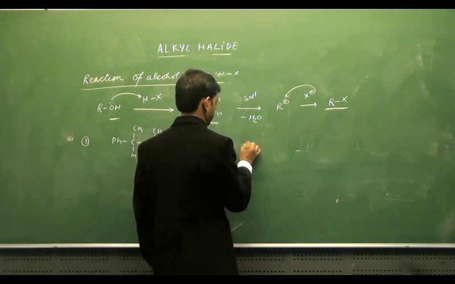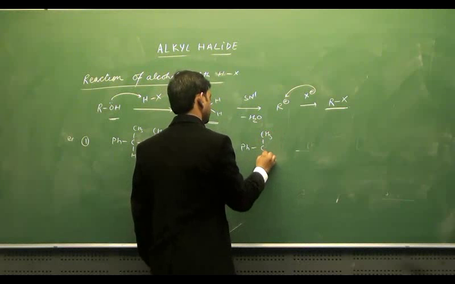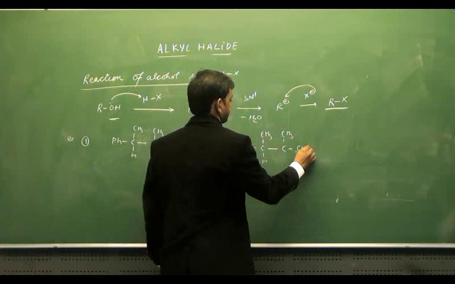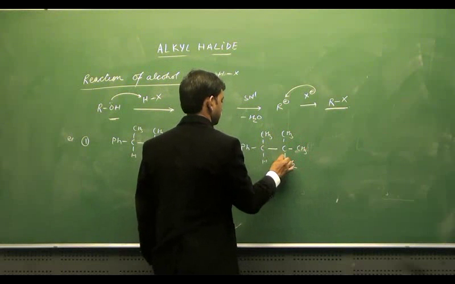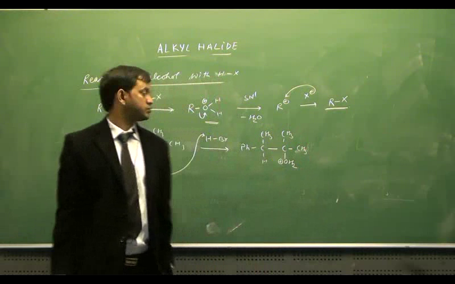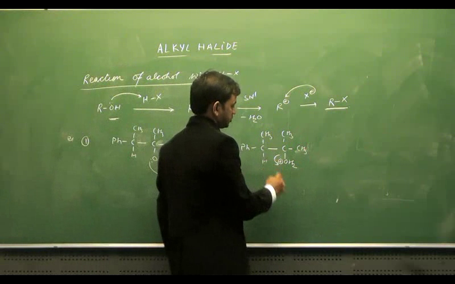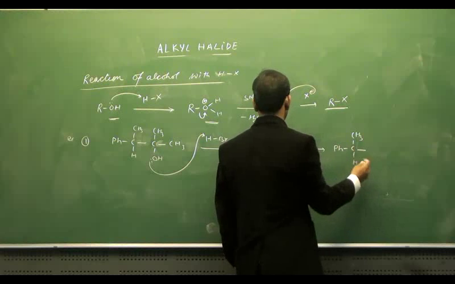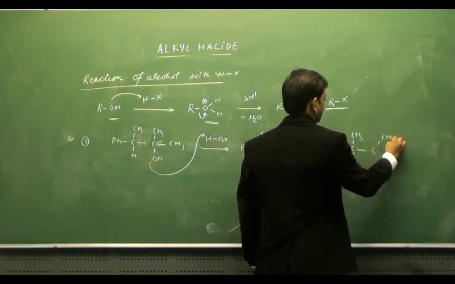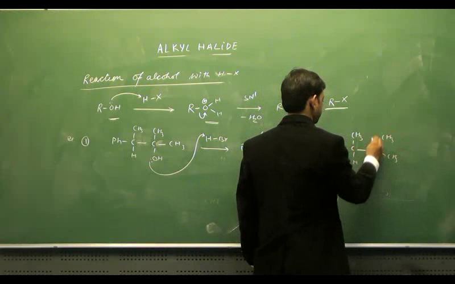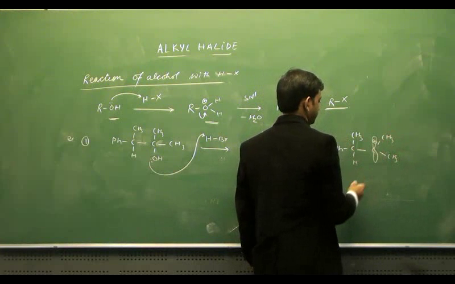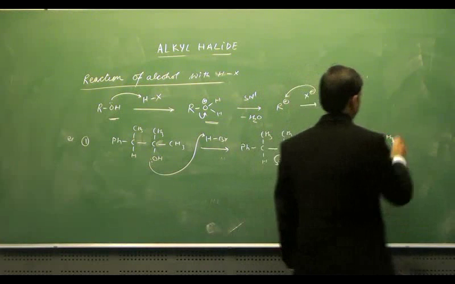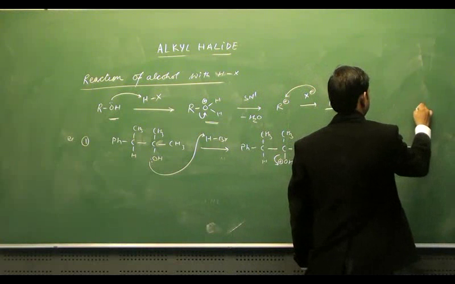This undergoes protonation. The leaving group leaves the substrate. Now it is trigonal planar. Halide shifting takes place because of rearrangement of the carbocation.